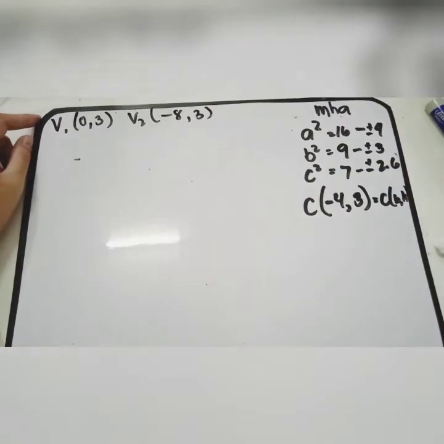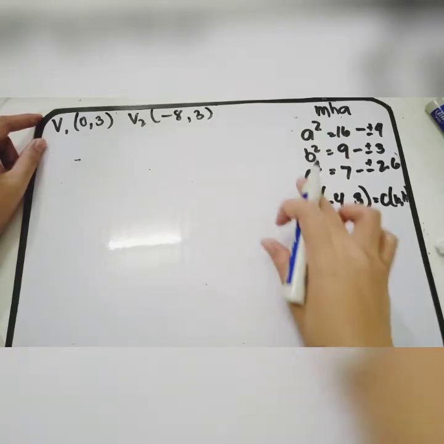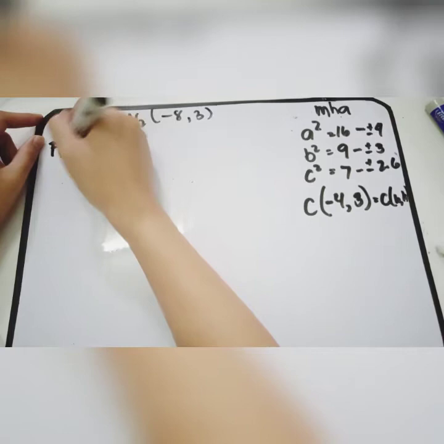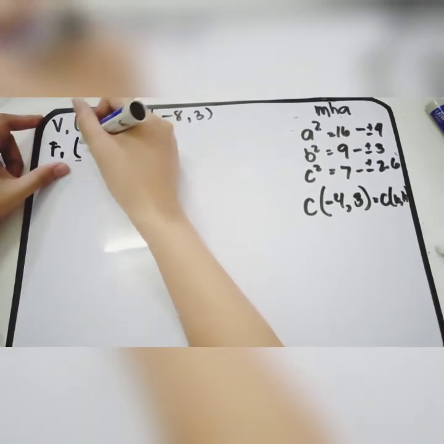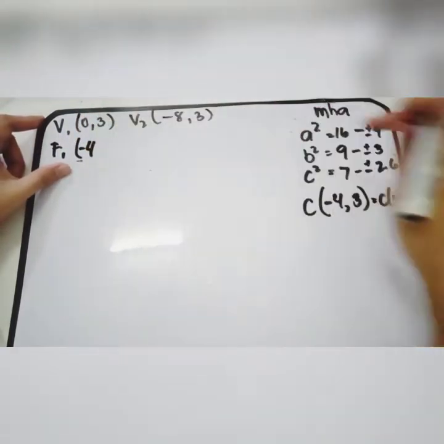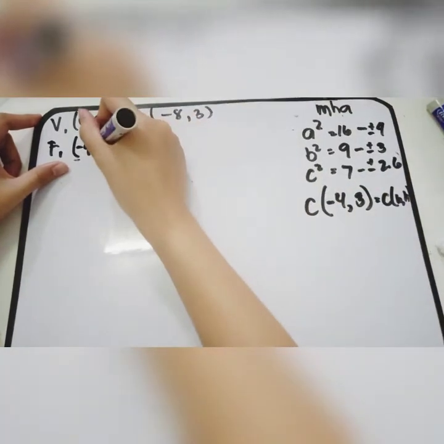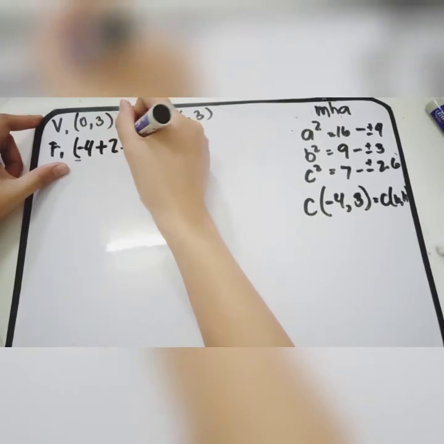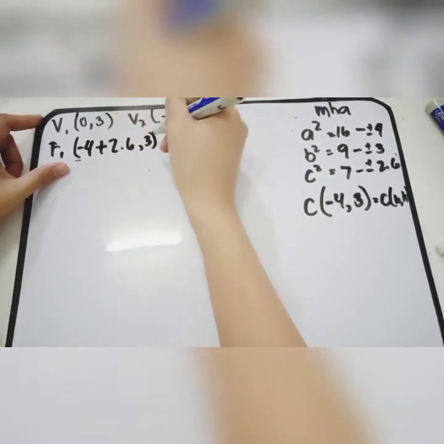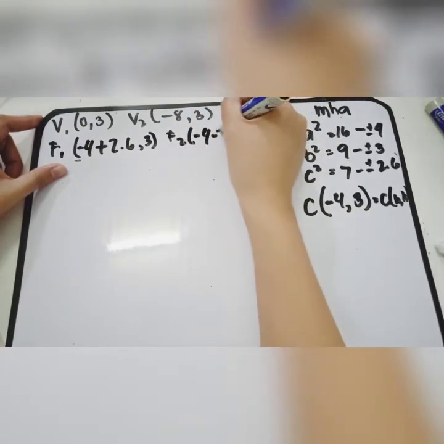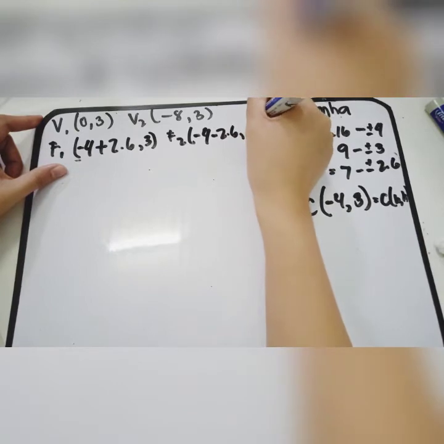Okay. Now, let's locate the foci. So, the foci is c. So, focus 1: negative 4. What is our b? Oh, c. It's positive, negative 2.6. So, minus, plus 2.6, comma, 3. And then F2: negative 4, negative 2.6, comma, 3.